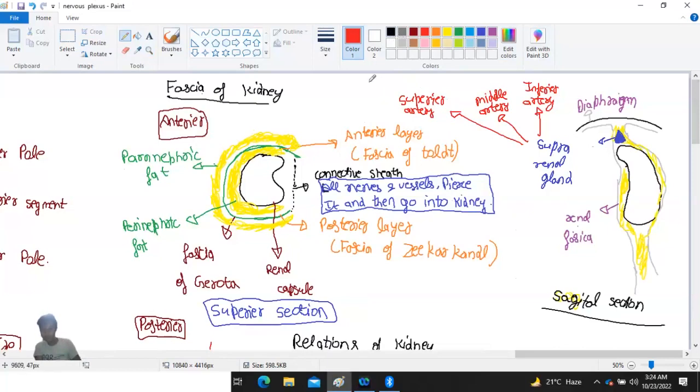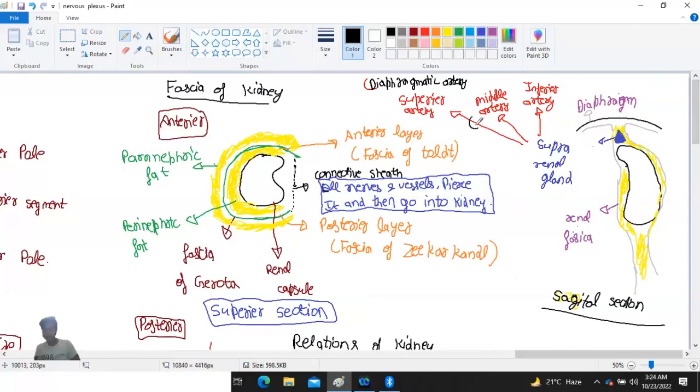It is a branch of the diaphragmatic artery. This is a branch of the abdominal aorta.